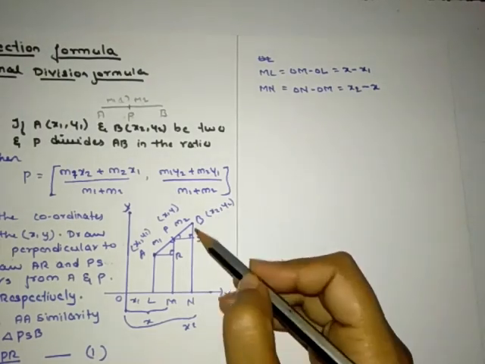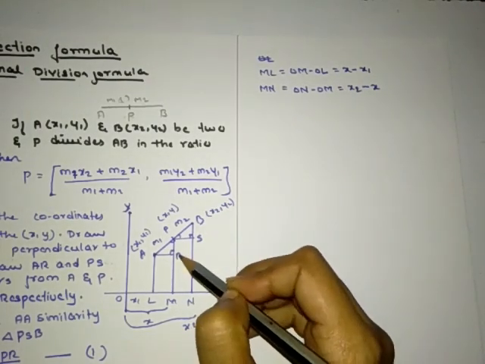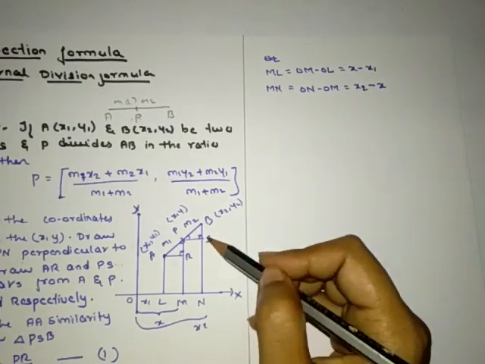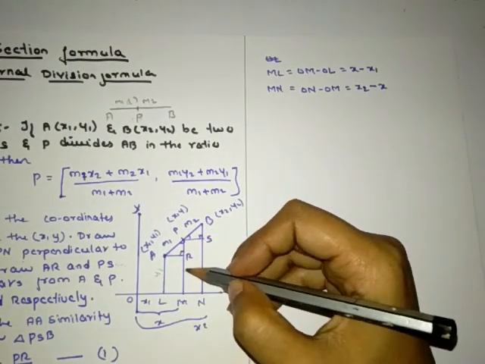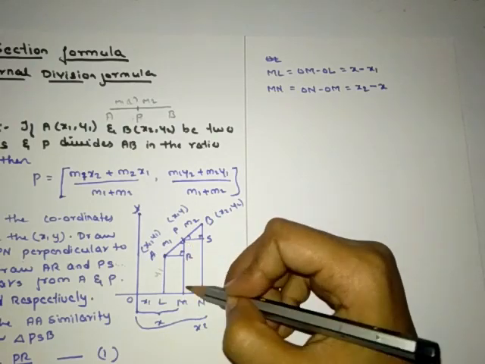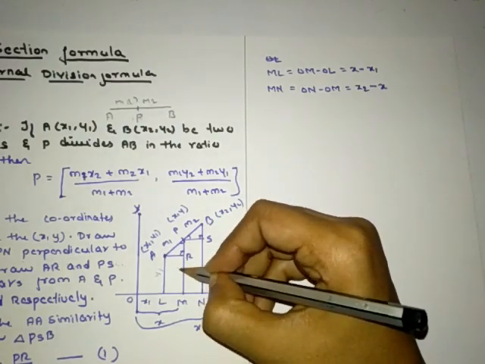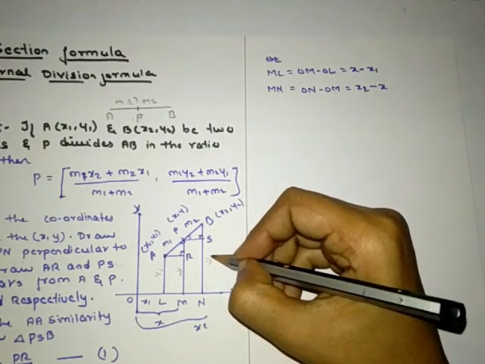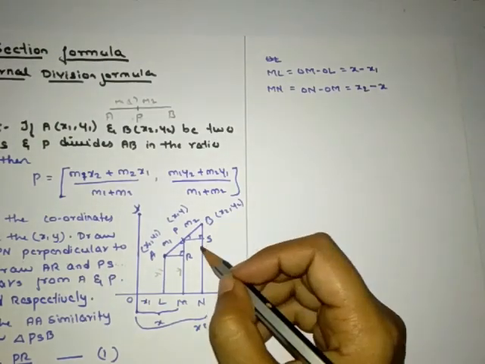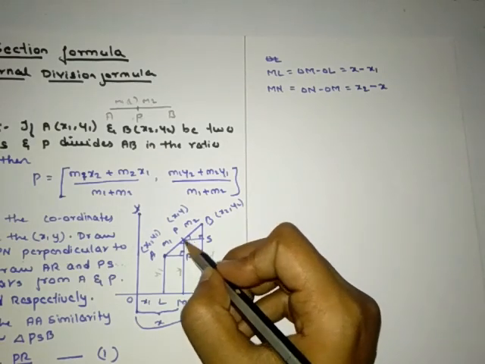Similarly, we will find the length of BS and PR also. Length of AL will be y1, length of PN will be only y, and length of BN will be y2, isn't it? So we want here the length of PR.